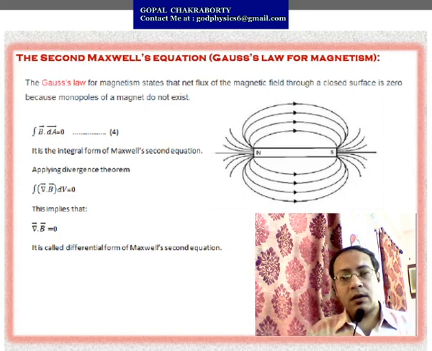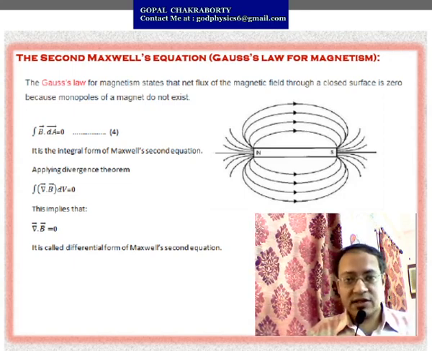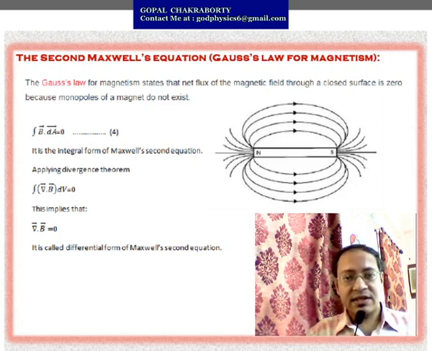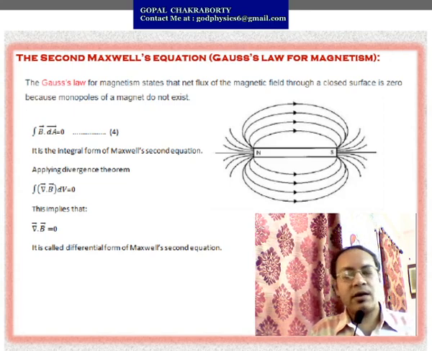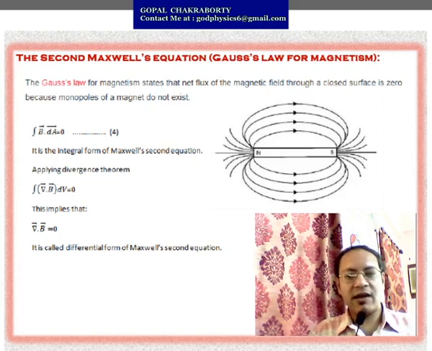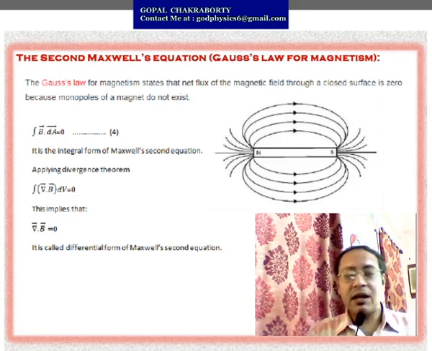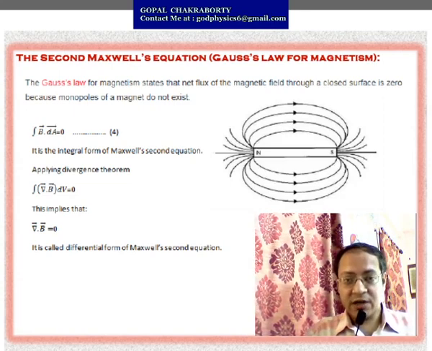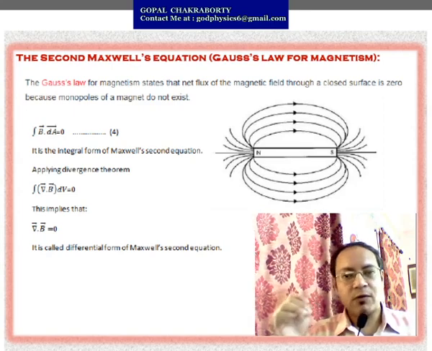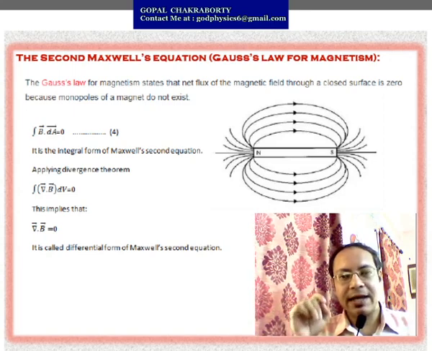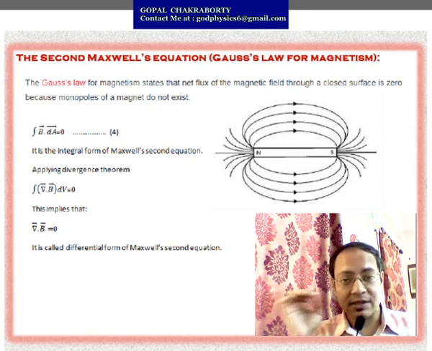Now the second Maxwell's equation is del dot B equals 0, or del dot H equals 0, where B represents the magnetic field induction and H represents the magnetic field intensity. Before deriving this equation, I will again explain the physical significance of this expression.